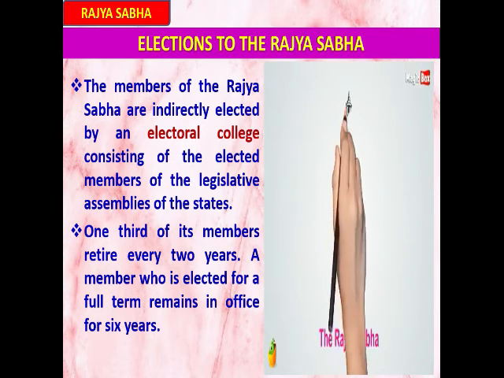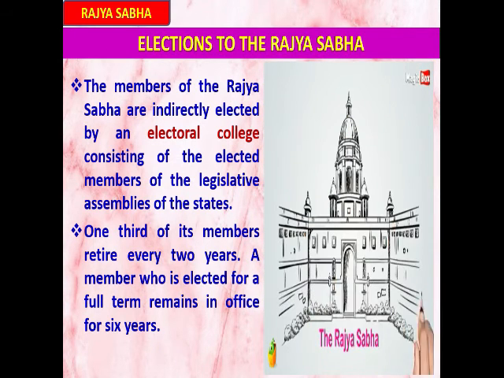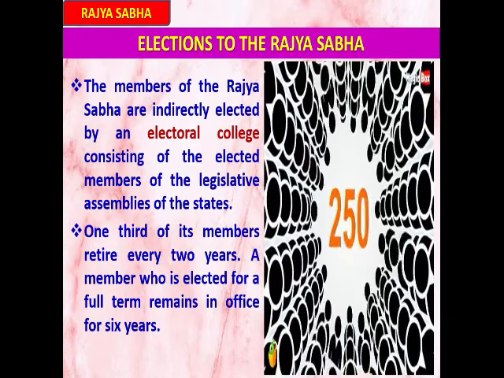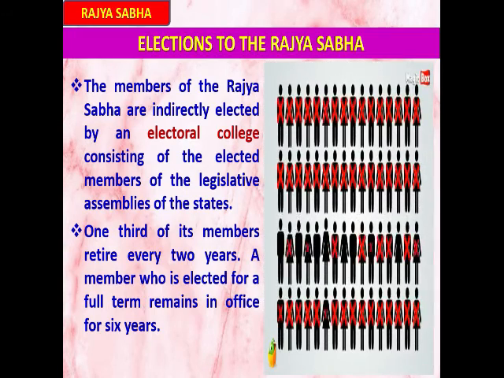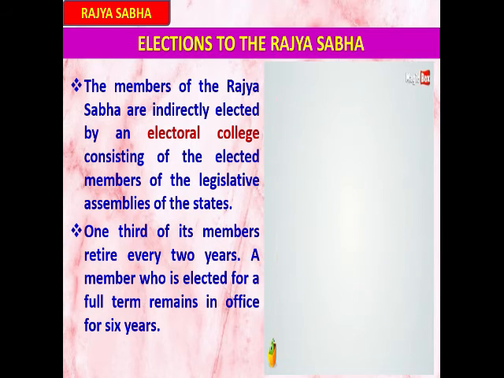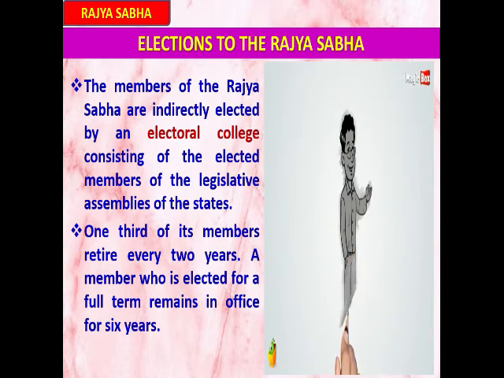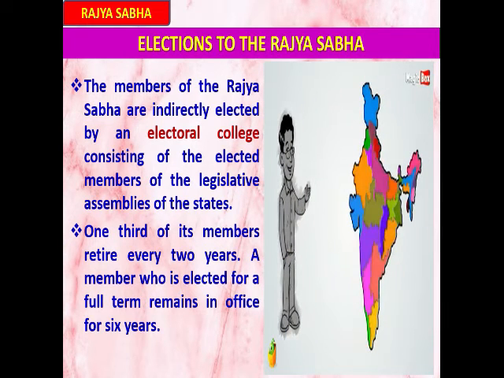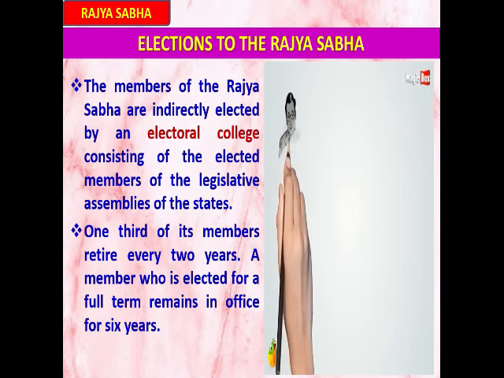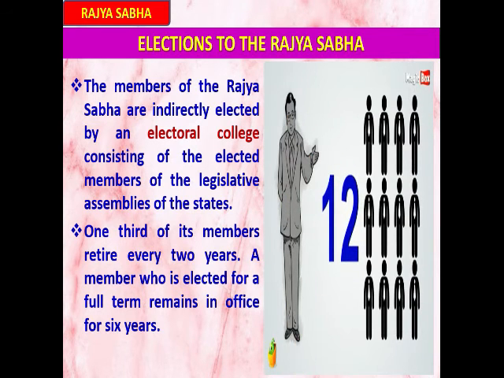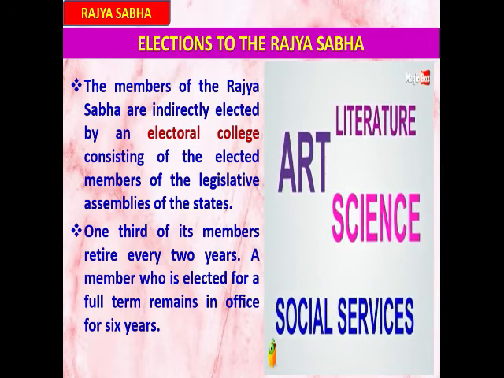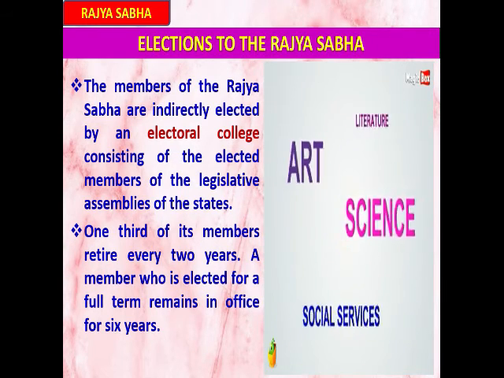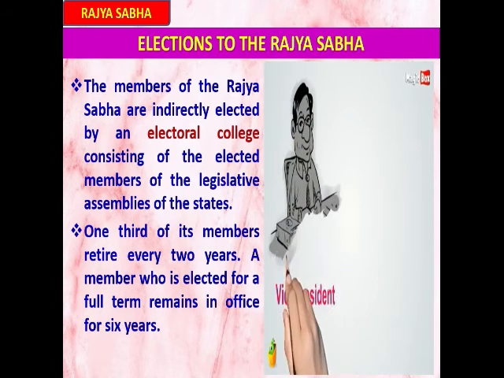Rajya Sabha. The Rajya Sabha is the upper house of the parliament. Membership is limited to 250 members. Members of Rajya Sabha are not elected by the people directly, but indirectly by the legislative assemblies of the various states. Every state is allotted a certain number of members, 12 of whom are chosen by the president for their expertise in specific fields of art, literature, science, and social services. Vice President is the chairman of the Rajya Sabha.